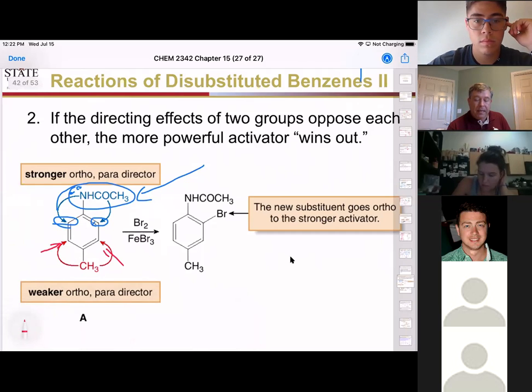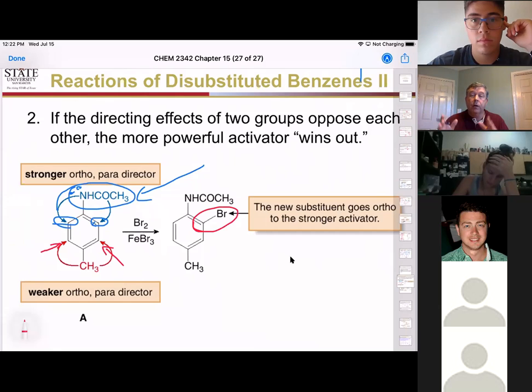In the case of when you have activators, the more powerful activator always wins, because it has a stronger resonance contributor, therefore our major product is going to be the one ortho to the stronger activator. So knowing the relative scale of activation is important to help you predict the correct product ratio.